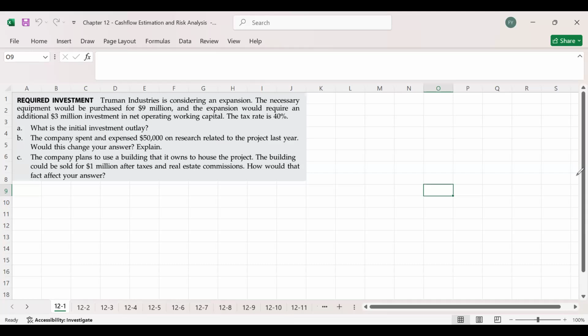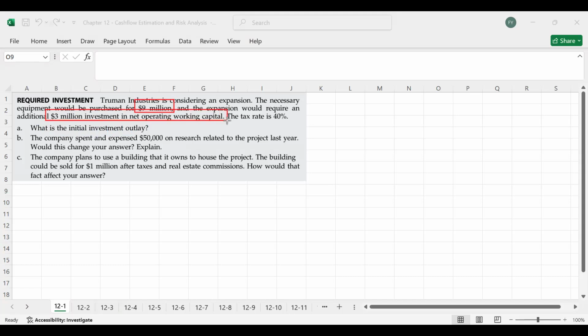In this problem, we have several data. Truman Industries is considering expansion. Expansion means the company wants to expand maybe its production capacity and so on. The necessary equipment would be purchased for $9 million. So this is the acquisition cost of the equipment, and the expansion would require an additional $3 million investment in net operating working capital.